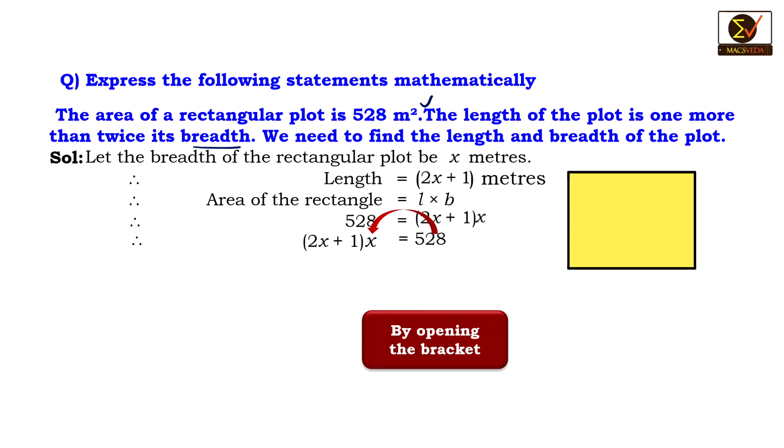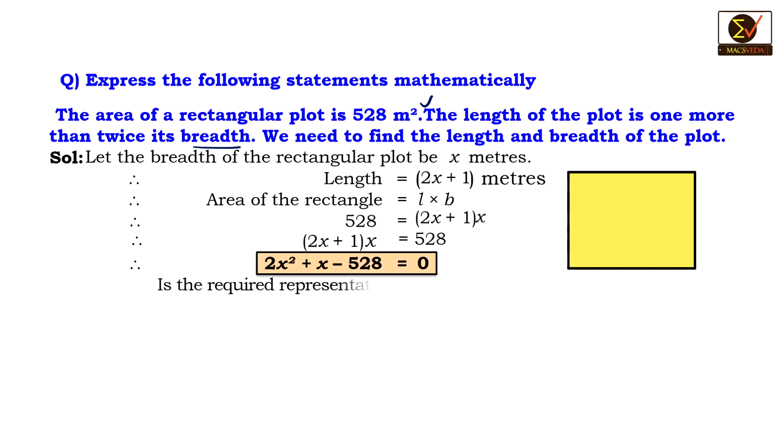Taking 528 to the left side and opening the bracket, here you get 2x square plus x minus 528 is equal to 0. So it is the required representation of the problem mathematically. If you solve this, you are going to get breadth, that is x. Once you know breadth, you can find length, which is 2x plus 1.